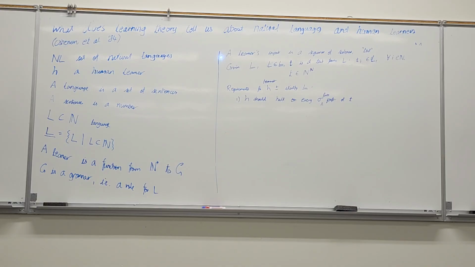For example, you could have English or French. The learner doesn't know which one it is, but eventually the learner will figure out whether it's English or French. And by figuring out it's English, they will know whether a particular sentence belongs to English or not. Does that make sense?